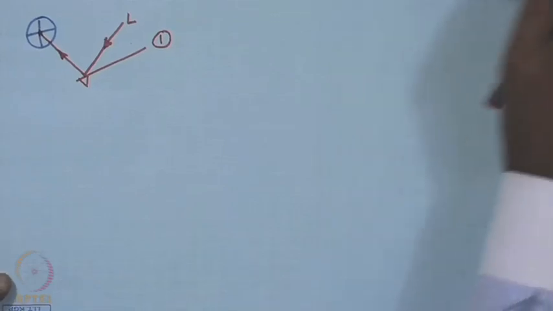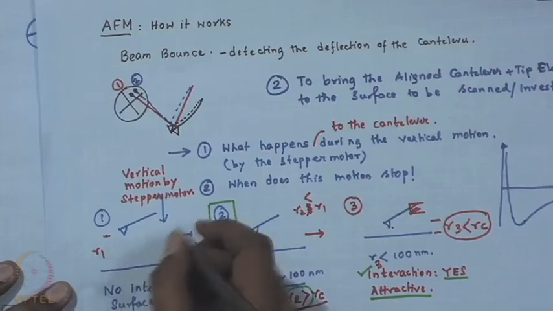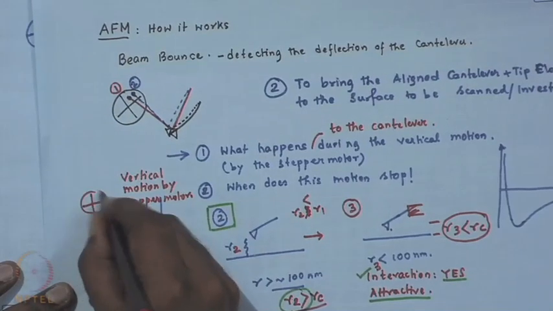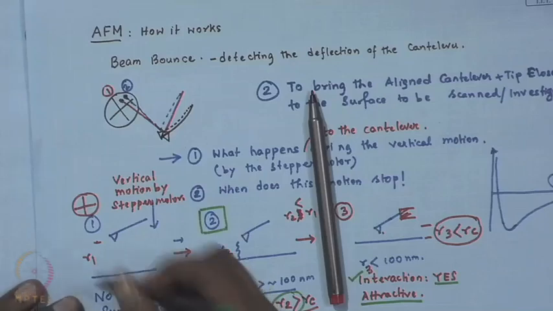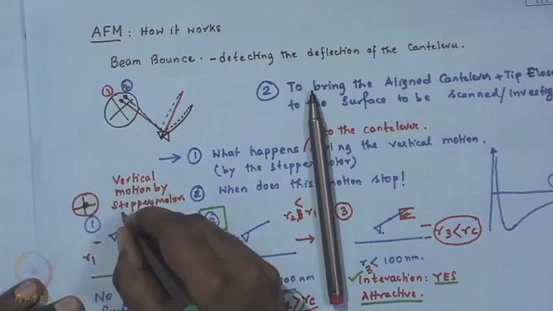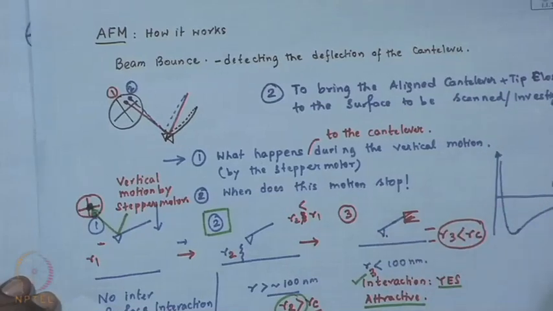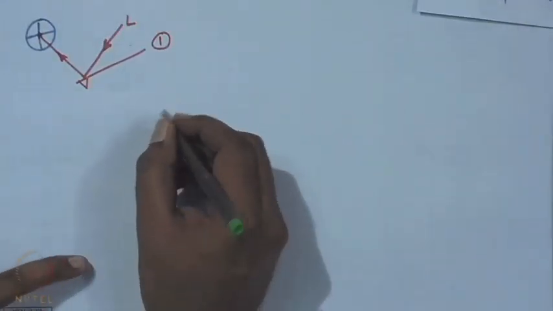So, let us now go on adding these configurations, or the position of the laser light on the QPD. On 1, the light falls over here. We understand the laser comes, it is still aligned, so it falls over here. Maybe I will draw it in a neater fashion. So, 1 it falls over here, here is the sample surface.